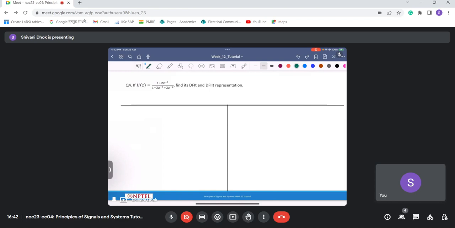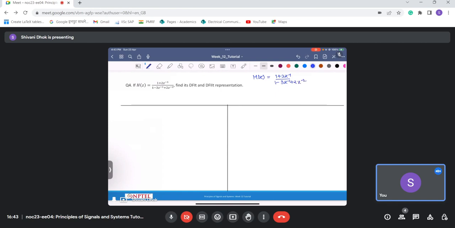Okay, so let us now look at the direct form 1 transpose. What we have here is H(z) equal to 1 plus 2z inverse upon 1 minus 3z inverse plus 2z to the power minus 2.